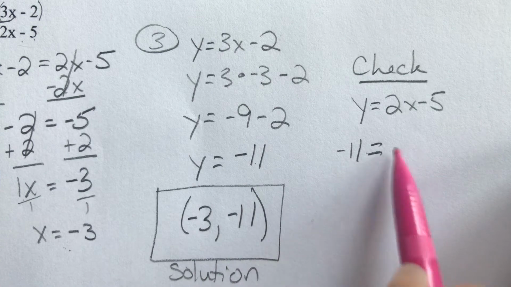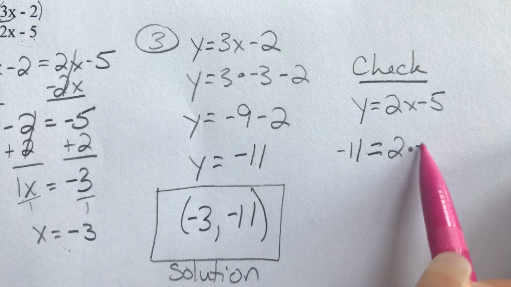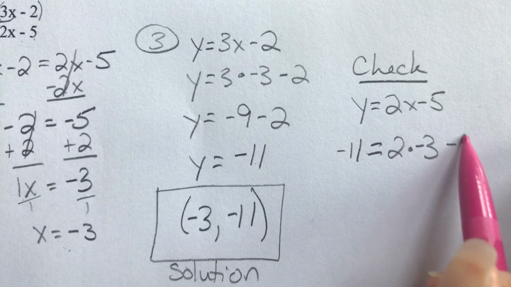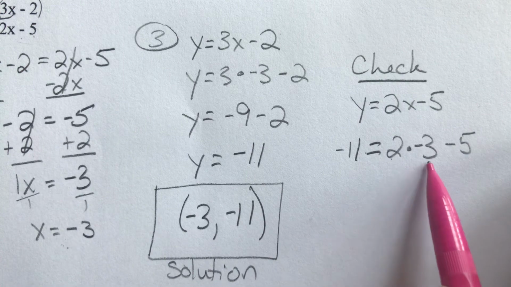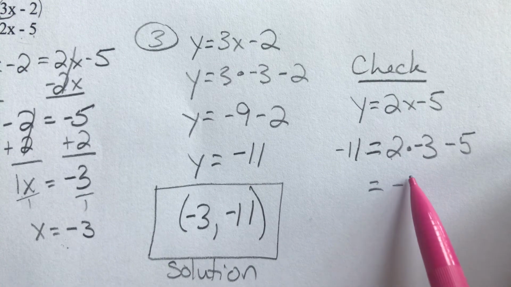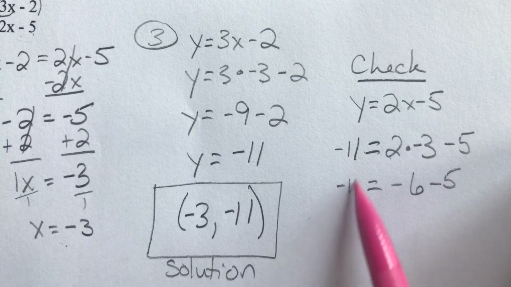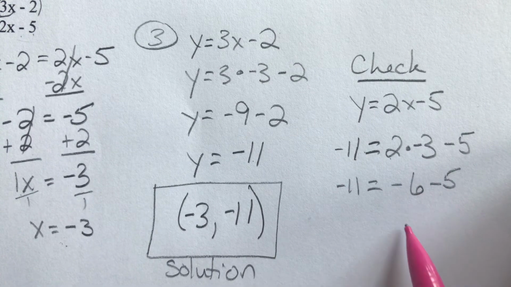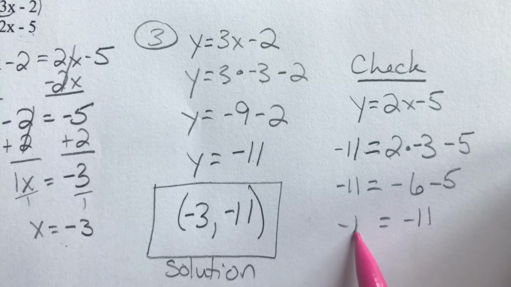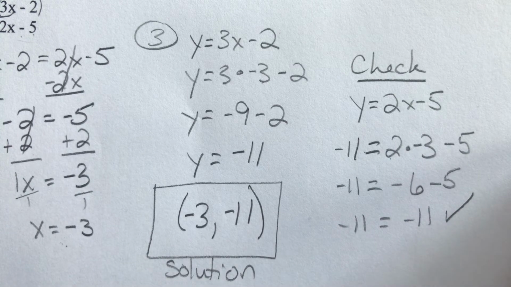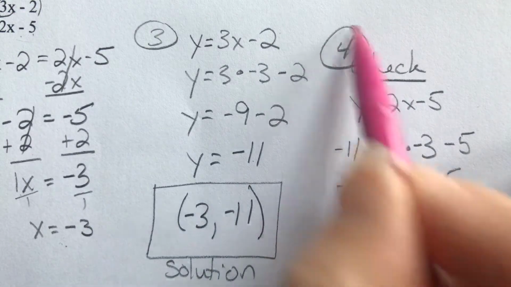So I want to find that again. 2 times negative 3 minus 5. 2 times negative 3 is negative 6. Negative 6 minus 5 is negative 11. We did that correctly. I apologize. Step 4, my check.